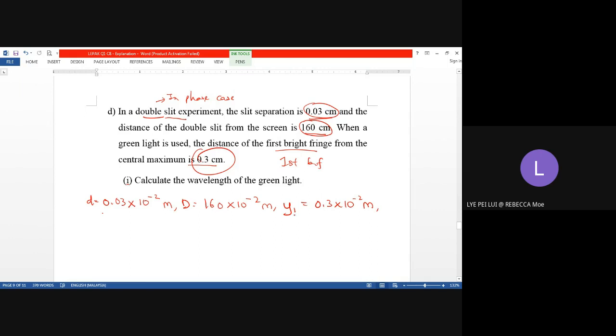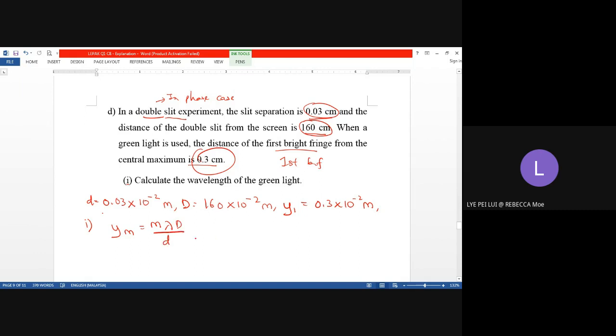Which equation do we need to use in the in phase double slit experiment? The equation is y_m equals m λ D over d.